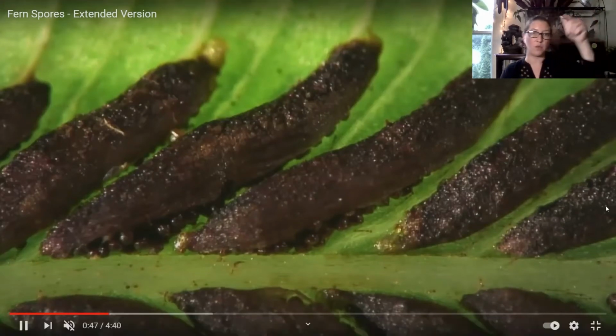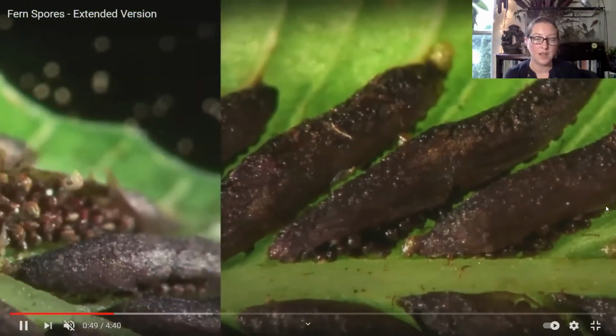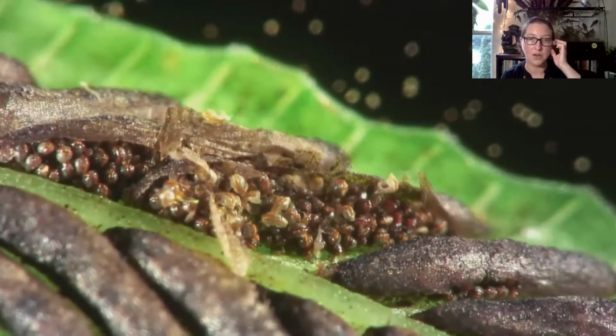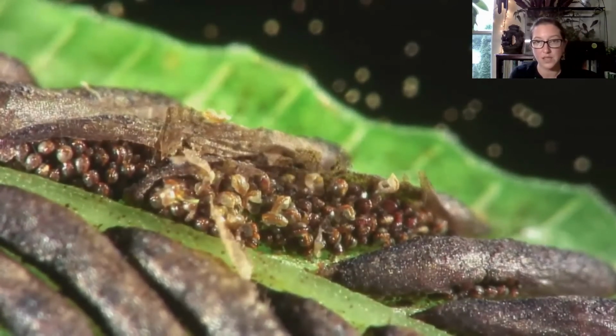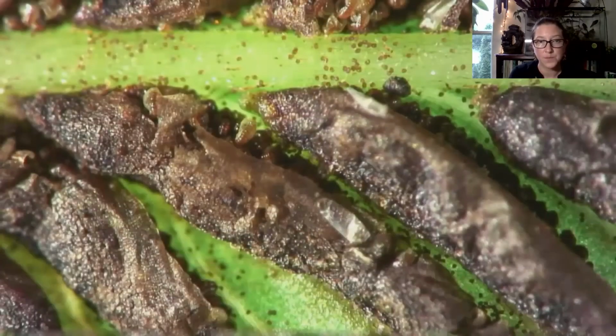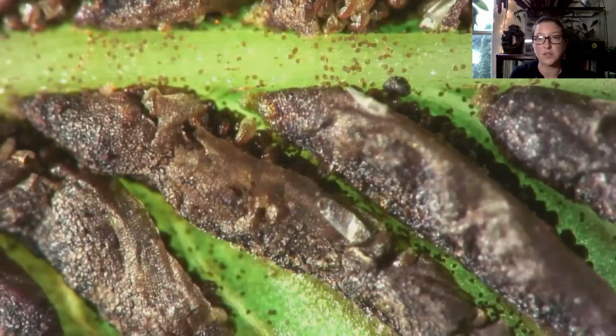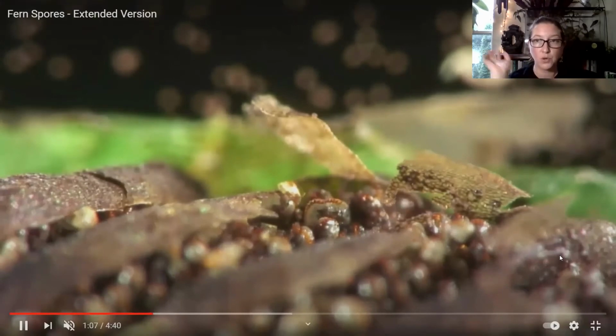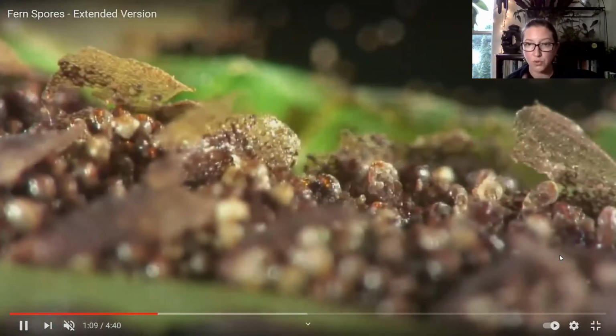So here you go. Look, that one just shot its spores. Now we're going to get closer. The indusium is kind of pulled back, and you can see all of those little things that are moving are sporangia, shooting their spores. And look at the spores all over the place because they've already shot so many of them. Look, here's a close-up. Boom. Catapult. Boom.